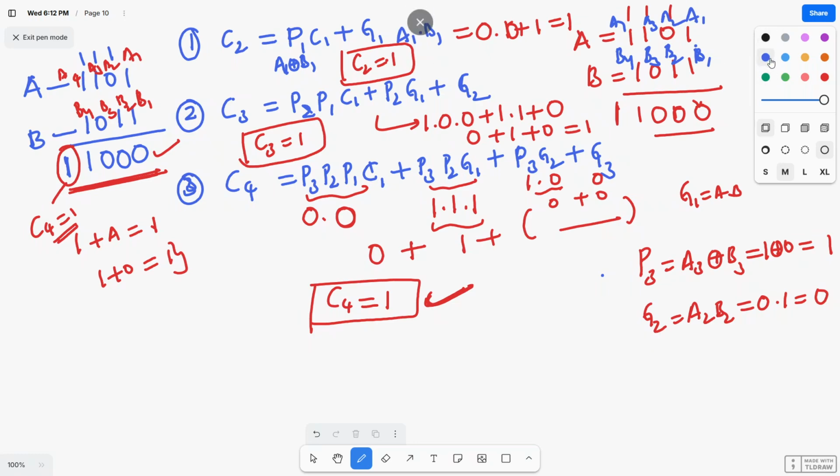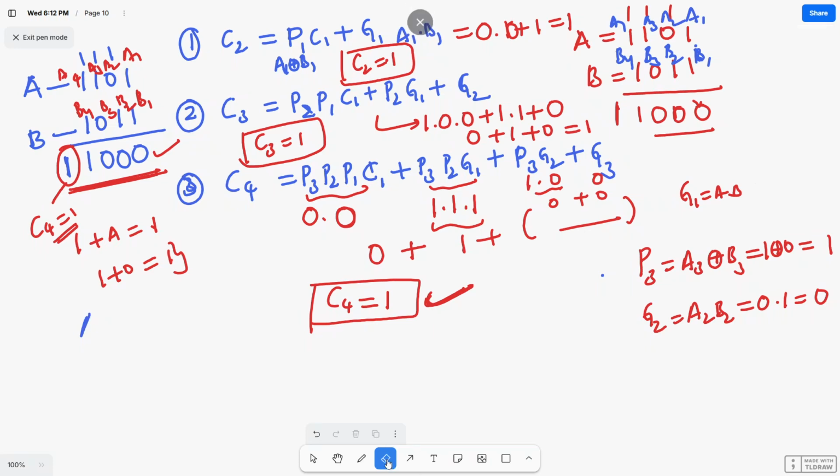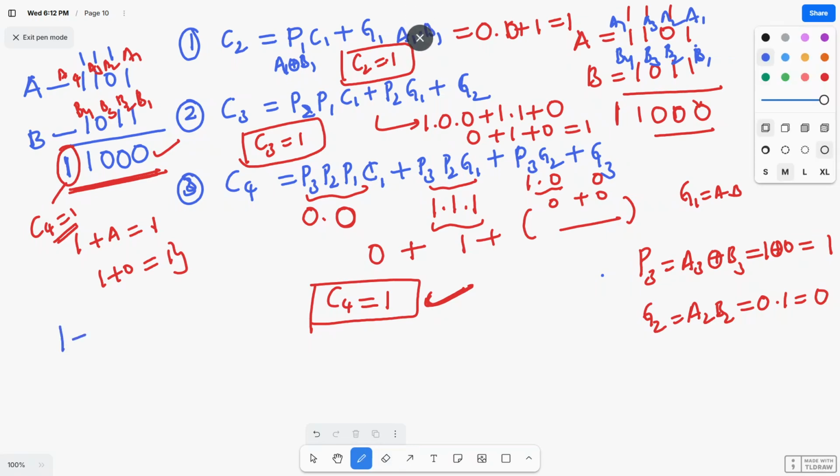But sir, this one you written in bracket. Actually, in Boolean algebra, suppose if you consider any equation, like 1 plus x plus y plus z is there.